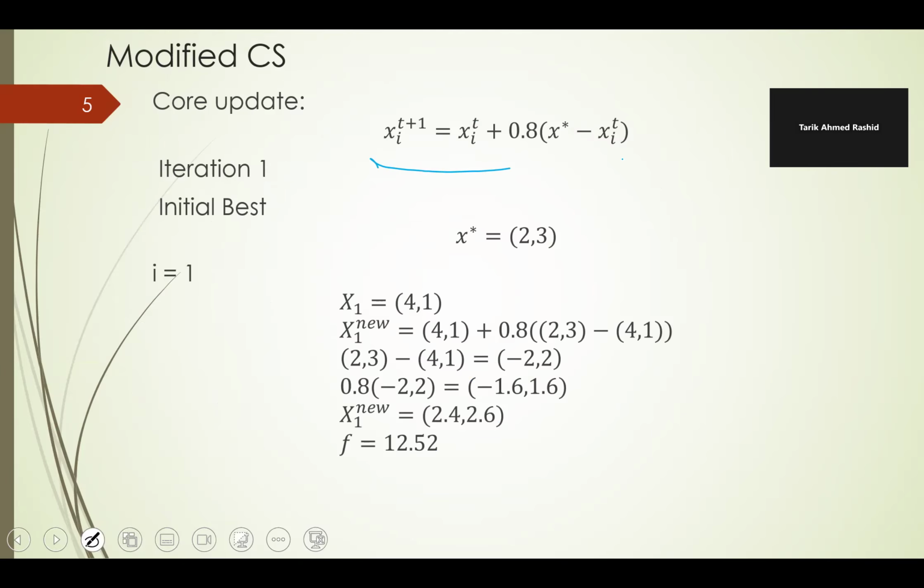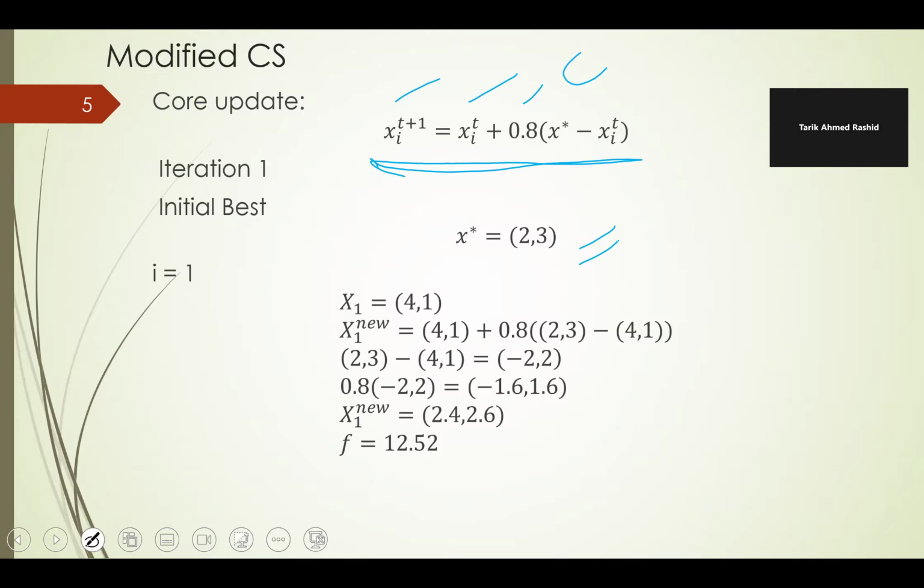So here is the update equation: the next solution equals the current solution plus 0.8, this is the C factor, the attraction factor, multiplied by the difference between the global best minus the current solution. So that's the best solution that we have in the iteration, 2 by 3.